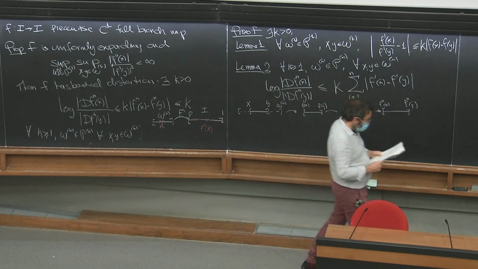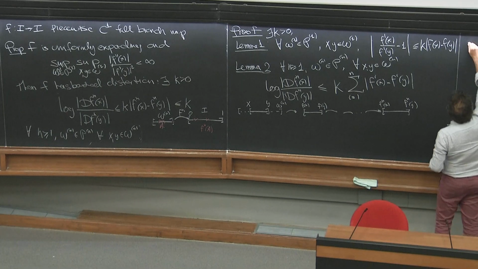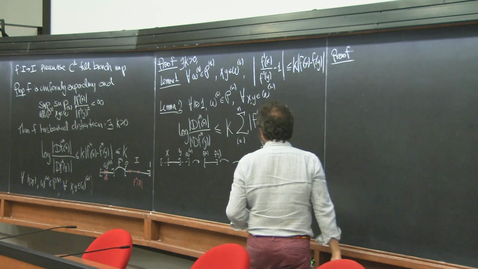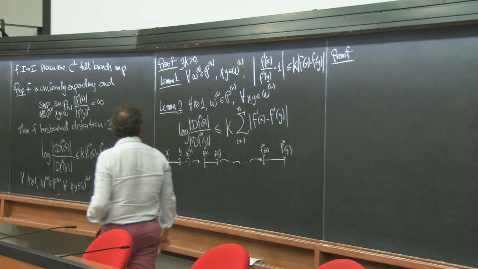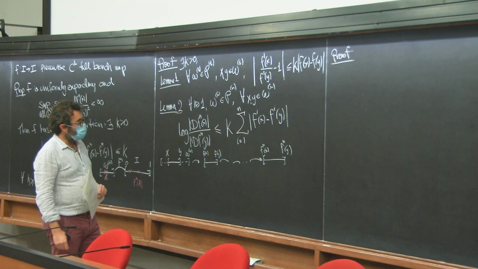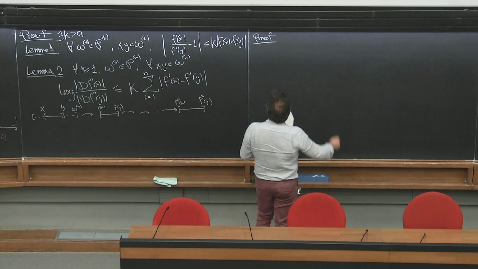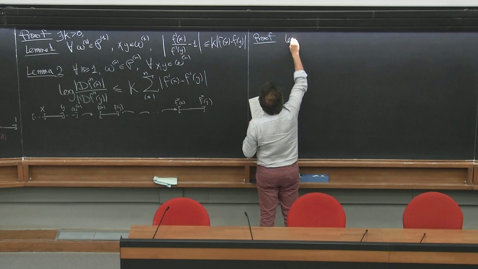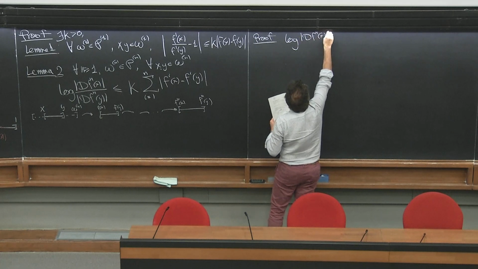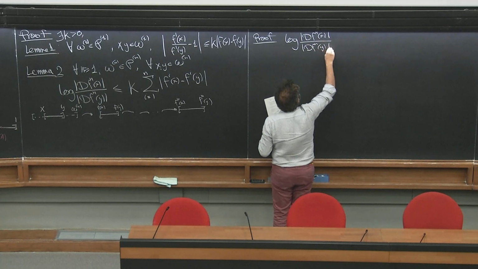So I think it's worth doing this step to see also what properties of the map we use here. So it's really almost just all algebraic manipulation. So we have here log of df^n of x over df^n of y.